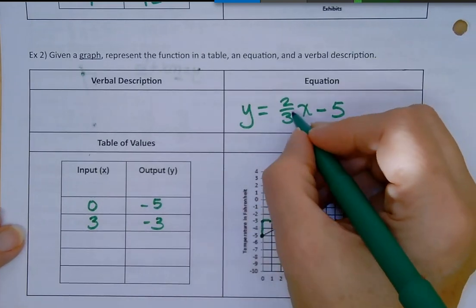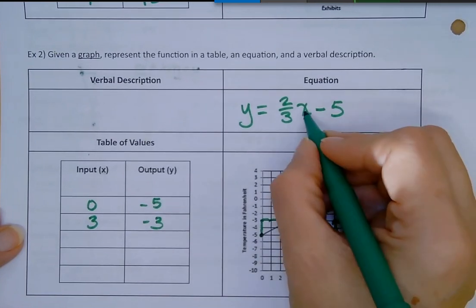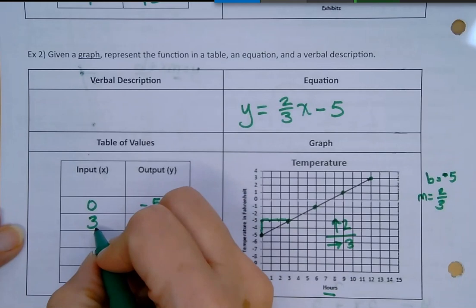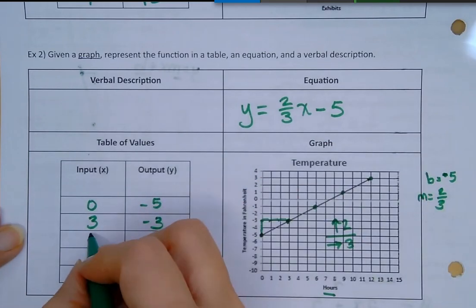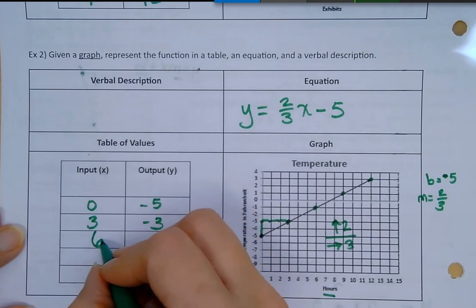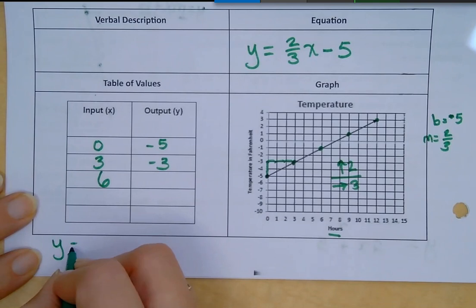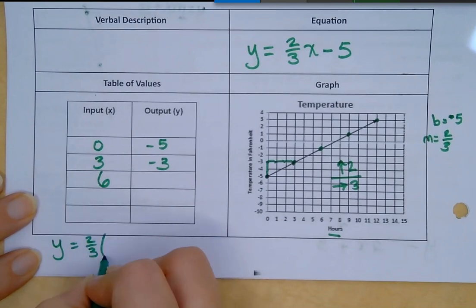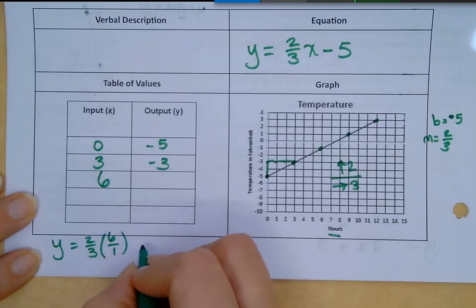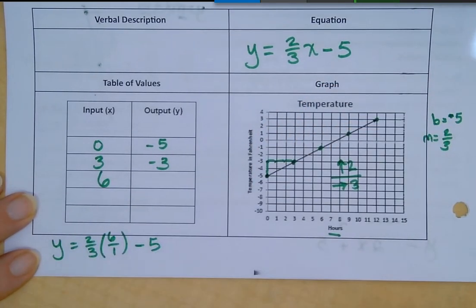I'm going to give you my big hint. If your slope has a fraction, choose x values that are multiples of that denominator. We already have 3, so I'm going to choose 6 next because 3 times 2 is 6. If x equals 6, y equals 2/3 times 6, which I'll write as 6 over 1, minus 5.